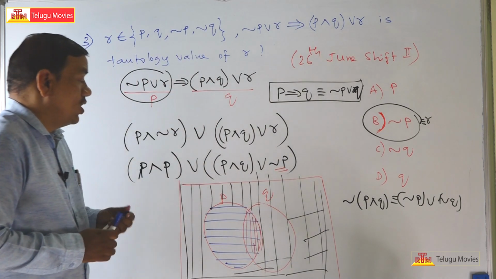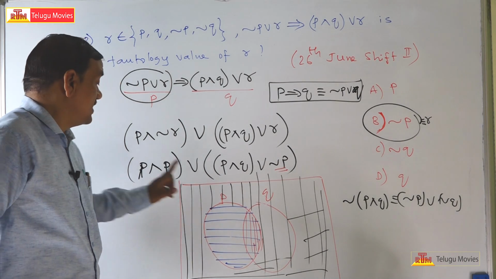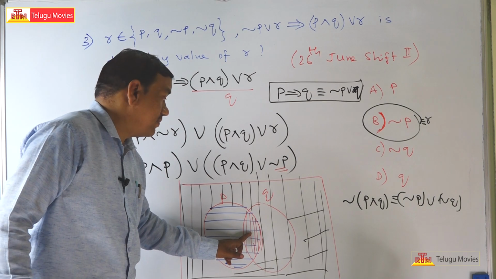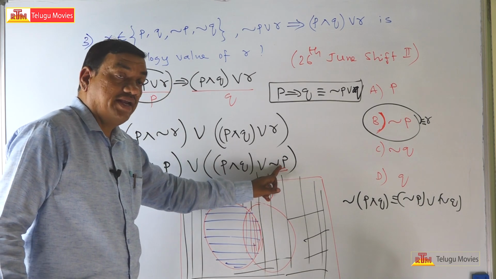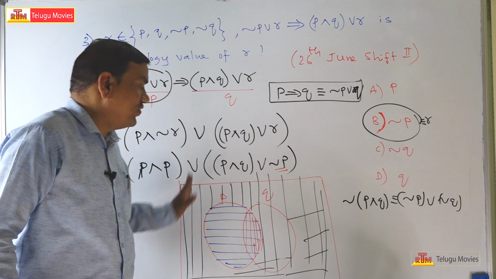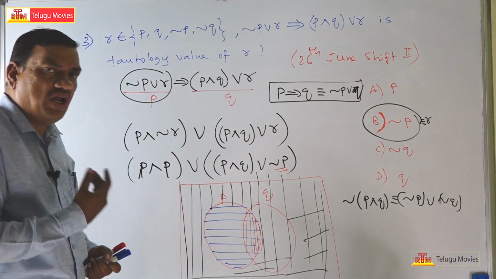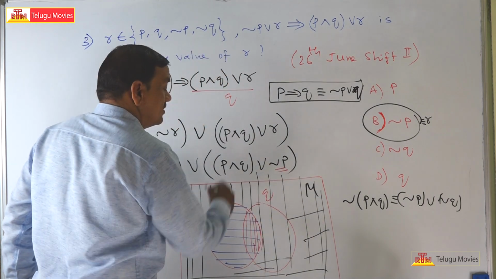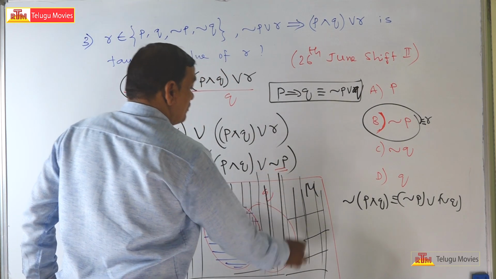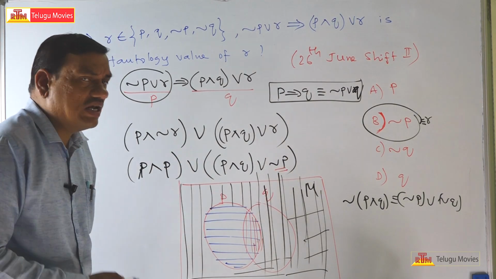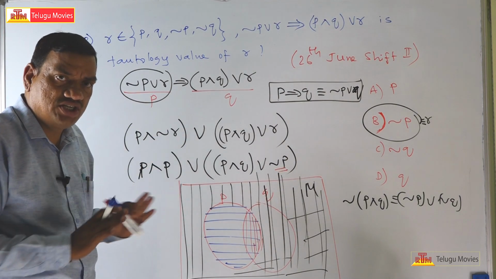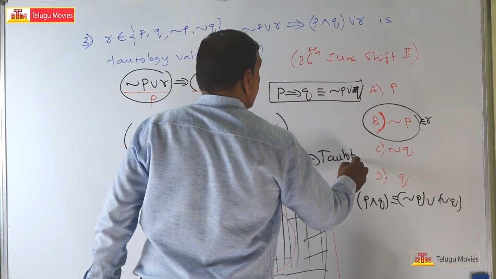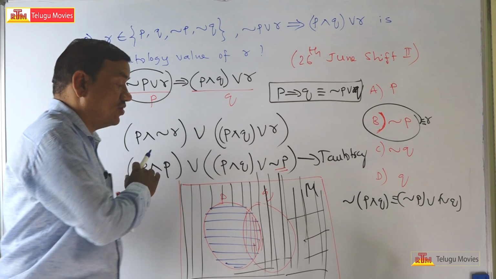Blue lines are P and P, red lines are P and Q. Negation P means outside of P. If you observe, the total universal set is shaded. If the total universal set is shaded, this is a tautology.